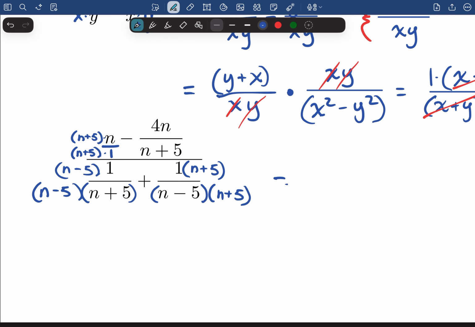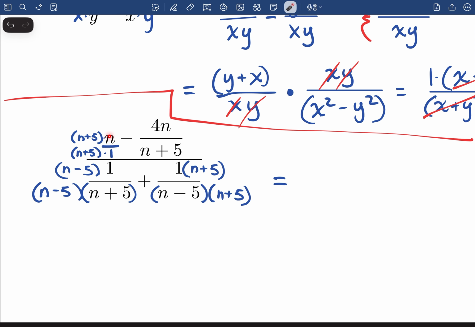Great, so I'm going to write this all out. And let's keep this separated from the last problem here. Let's just go whoosh, whoosh, whoosh. Okay, so now I'm looking at this and I have n times n plus 5 here, right?